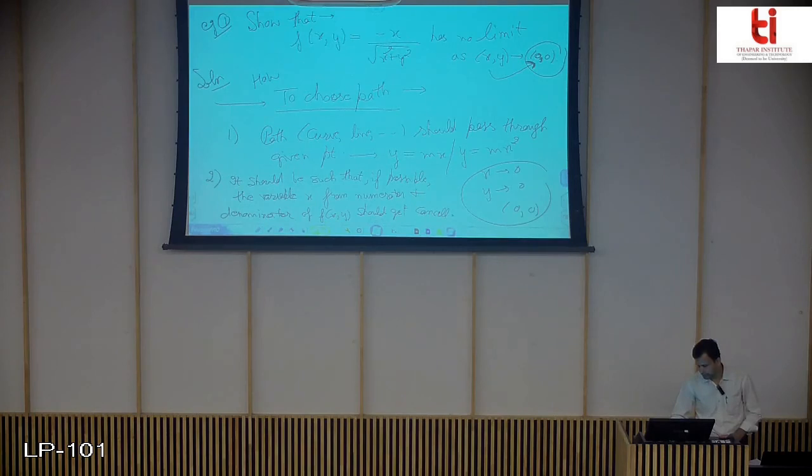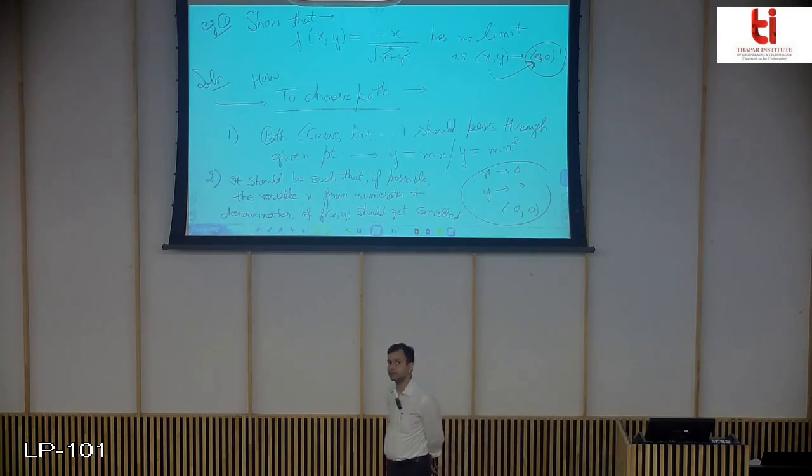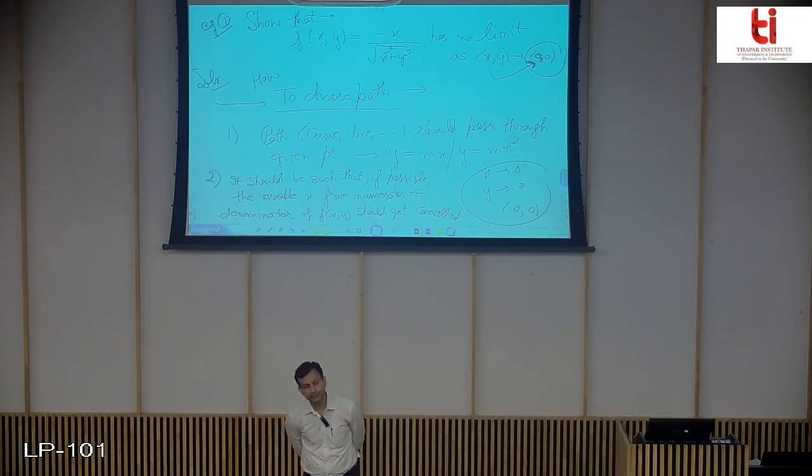Whatever path you choose, the values or variables x in the numerator or in the denominator, they should get cancelled if possible.